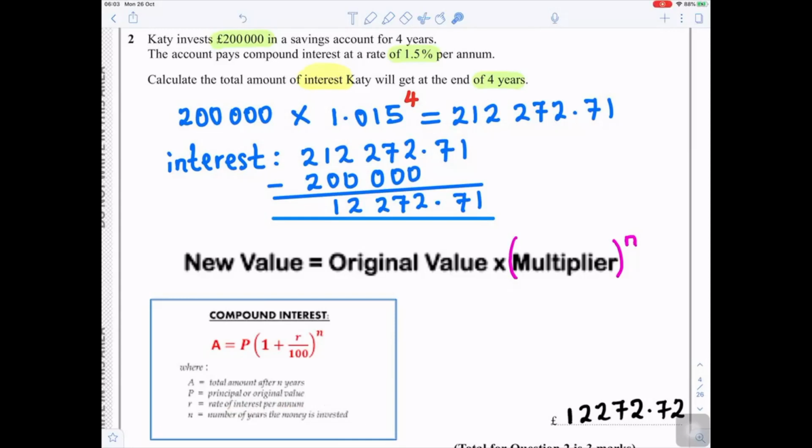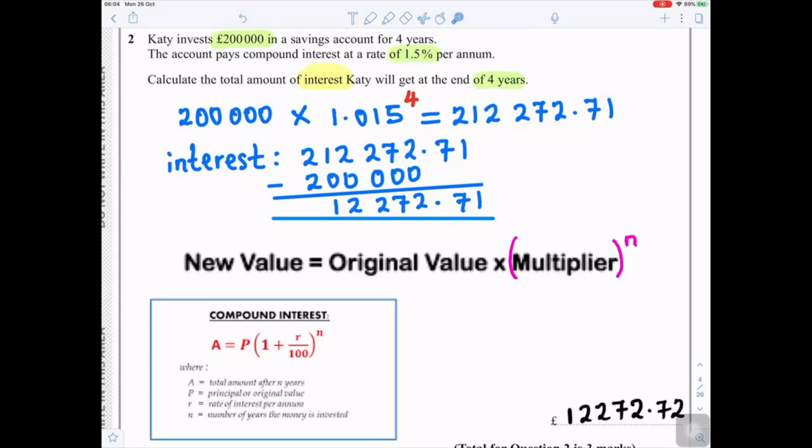And n is the number of years the money is invested. We're going to use that formula, or we can use the other formula I put there, which is new value equals original value times the multiplier to the power n.